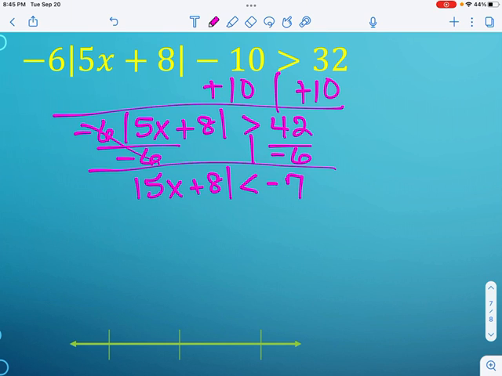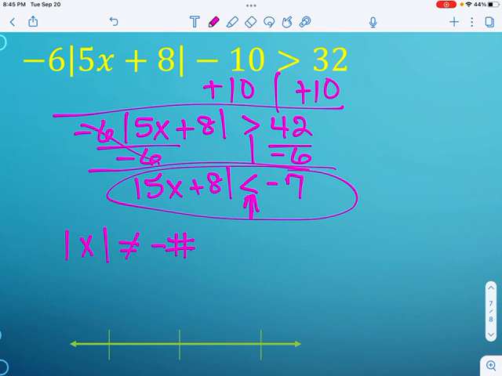Now, when we go to split these, here's the thing. If you notice, I'm saying an absolute value is less than negative 7. So stop and think. Remember, an absolute value cannot equal a negative number. So let me ask you a question then. Can an absolute value ever be less than a negative?